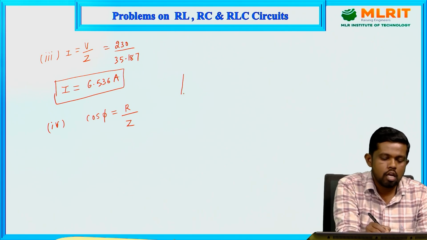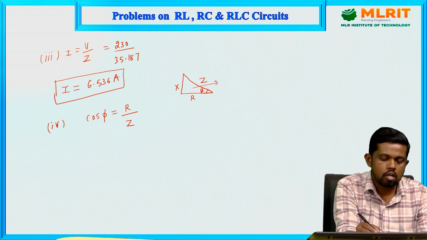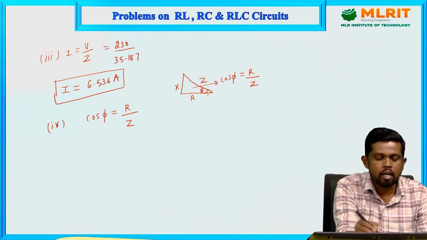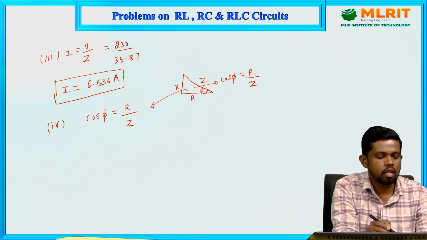So this is the impedance triangle, this is theta or phi, this is Z, this is R, and this is X. From this we write the cos function: cos phi equal to adjacent side upon hypotenuse, that is R by Z. So the power factor of the RC series circuit is R by Z.